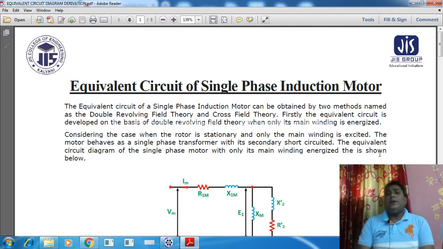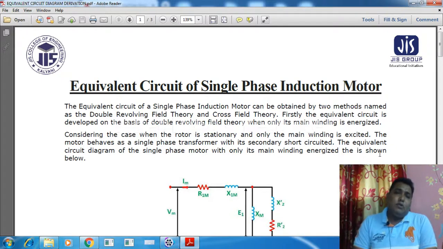We have to remember that when only the main winding is excited and the motor is at standstill, it is acting as a transformer. Considering the case when the rotor is stationary and only the main winding is excited, the single phase induction motor is acting as a single phase transformer with its secondary short circuited.